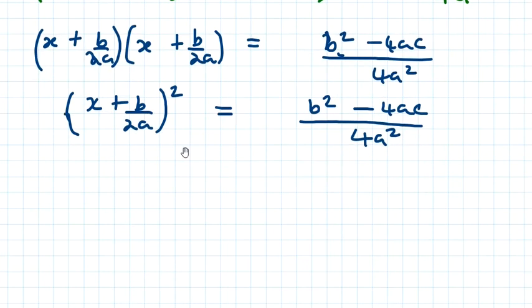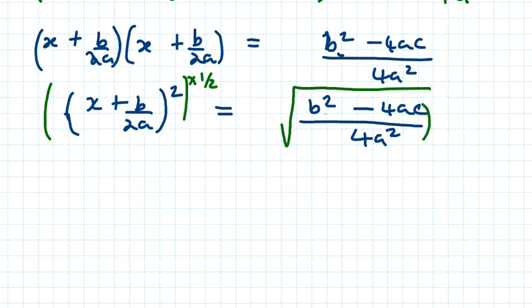So let's remove the square, because our goal is to make x the subject of the formula. So we need to set x free, so we have to square root everything. When we are square rooting, it is the same as raising to the half power.